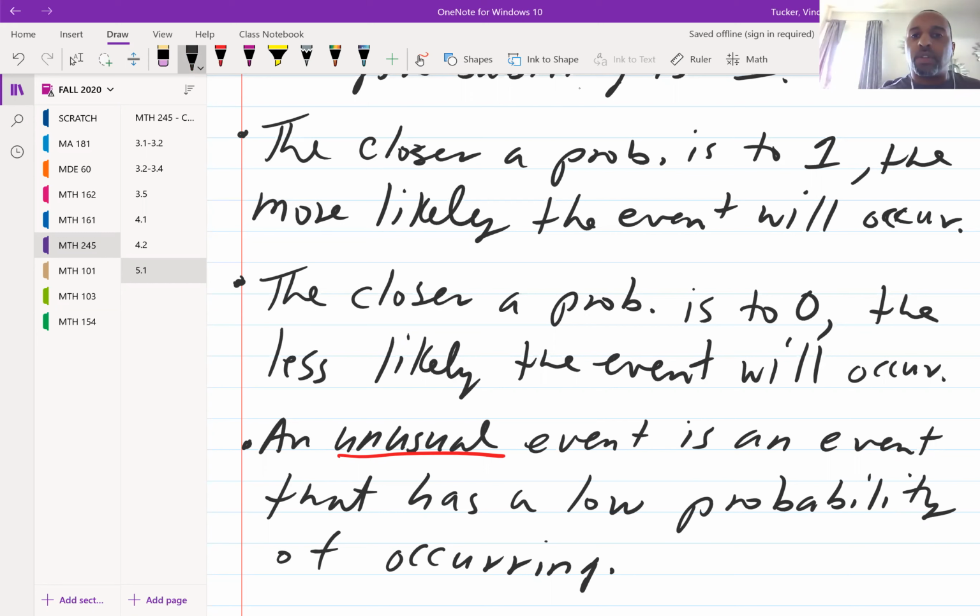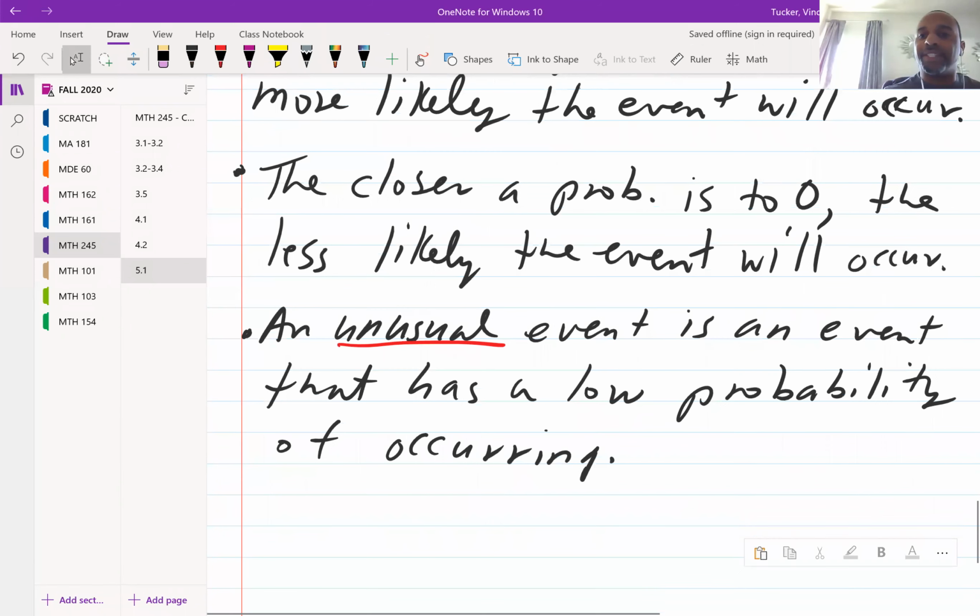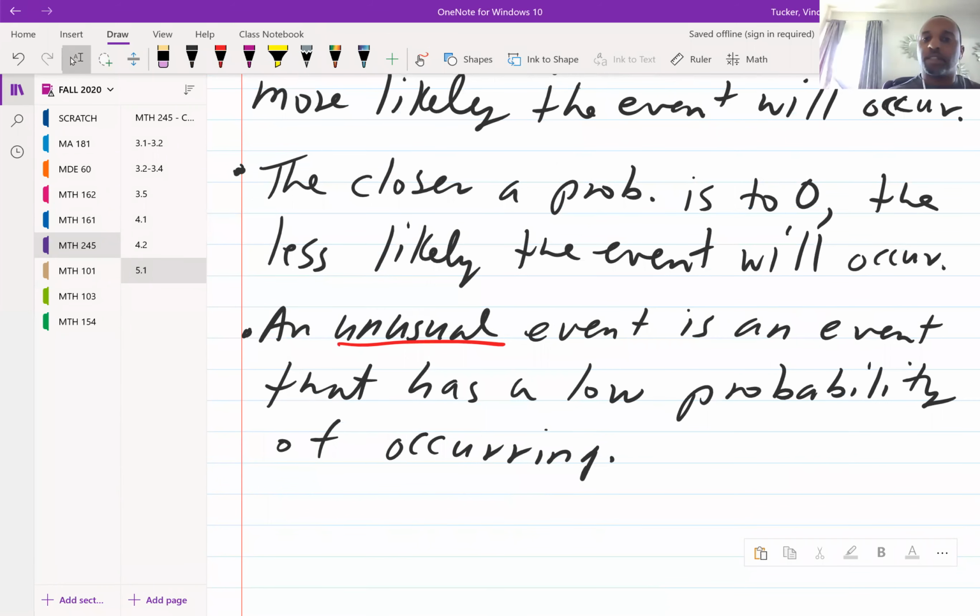The closer a probability is to 1, the more likely the event will occur. The closer a probability is to 0, the less likely the event will occur. An unusual event is an event that has a low probability of occurring. And then we have our cutoff point.